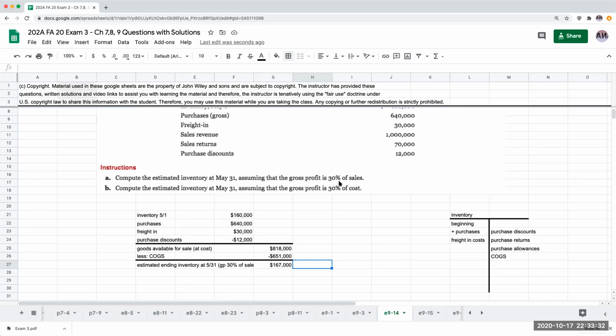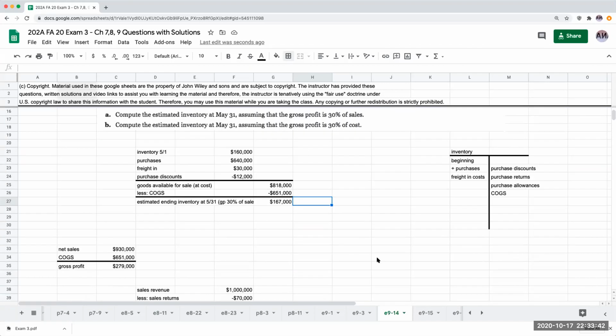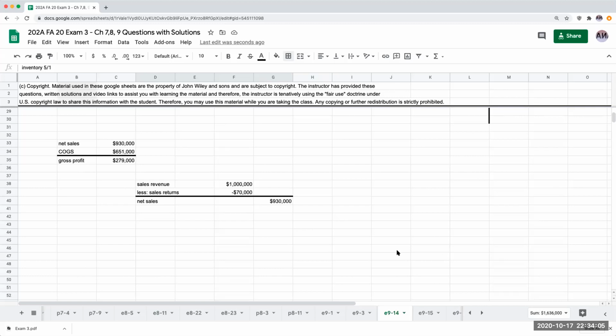The next one is that gross profit is 30% of cost. So how do we figure out this one? Well, this part over here does not change.